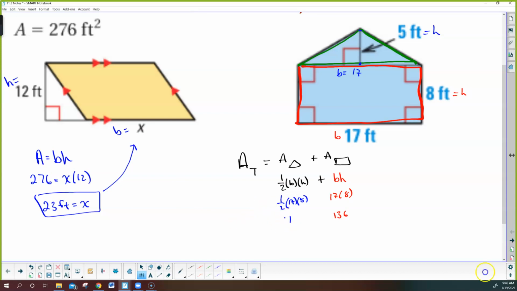And we get 42.5. And then the total area is the sum of those pieces added together. And then double check your units right now. Did you put feet squared? Because we are focusing on units as well.